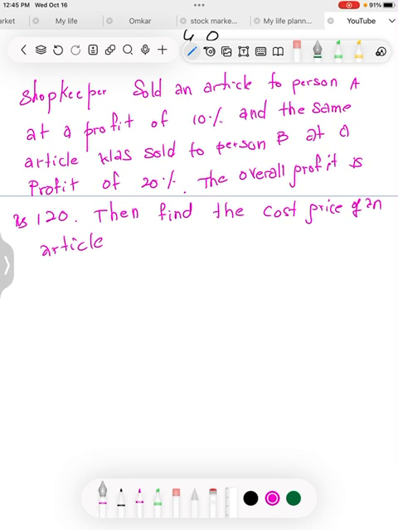They are saying that a shopkeeper, right? You can take the shopkeeper as S. So he sold it to A at a profit of 10%. 10% profit he got. Suppose he bought it for 100 rupees, he sold it to him at something like 110.